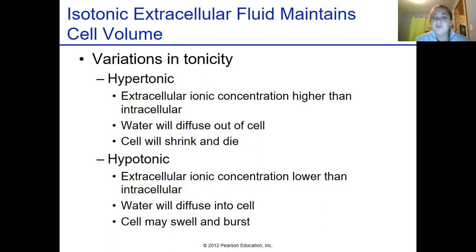Then water will diffuse out of the cell, and the cell will shrink and die. If it's hypo, that means the extracellular ionic concentration is lower than the intracellular, so inside the cell there is a higher concentration. So water will diffuse into the cell, and the cell may swell and burst.